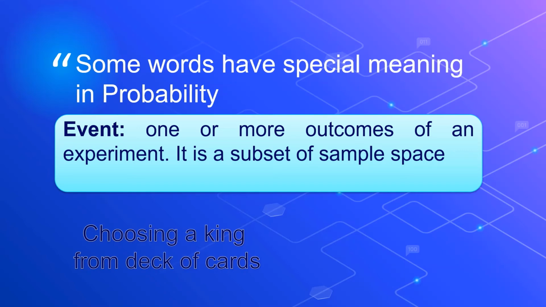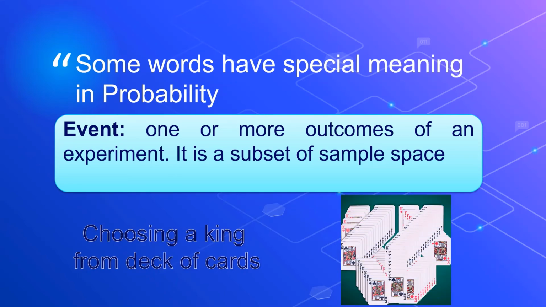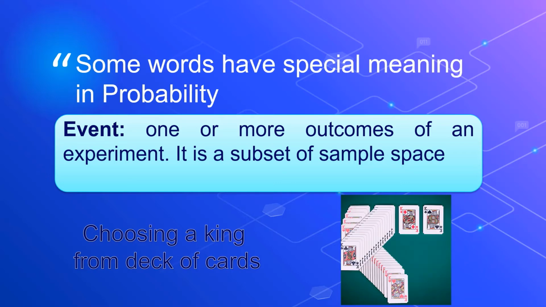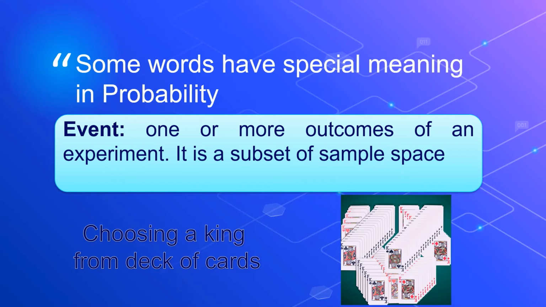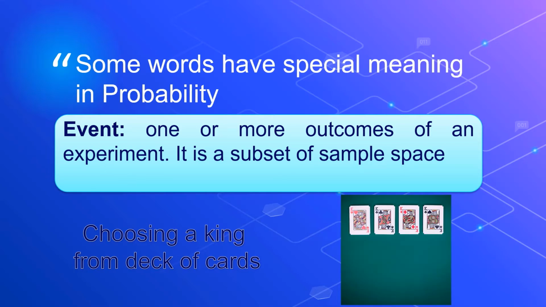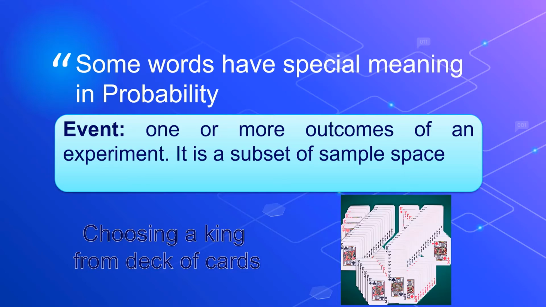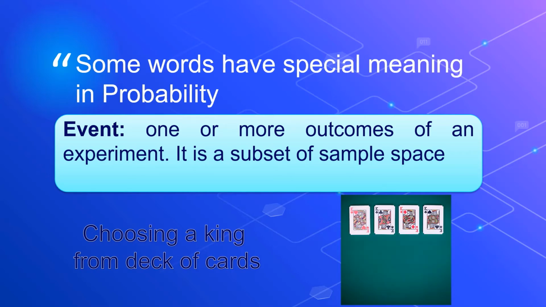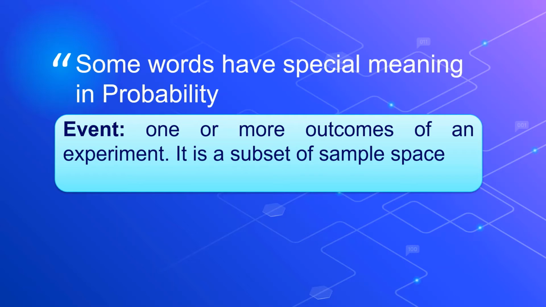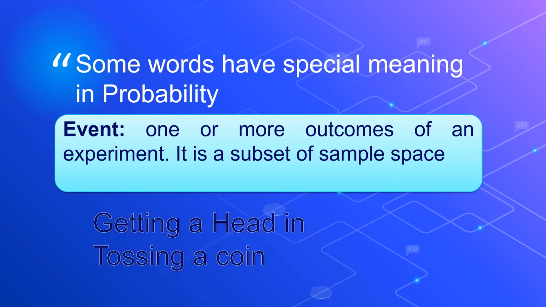For example, in choosing a king from deck of cards. So, ibig sabihin, ang event natin dito ay King of Hearts, King of Diamond, King of Spades, and King of Clubs. Another is getting a head in tossing a coin.